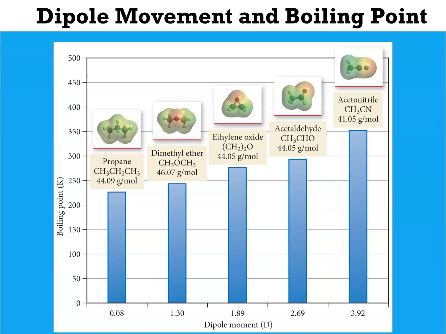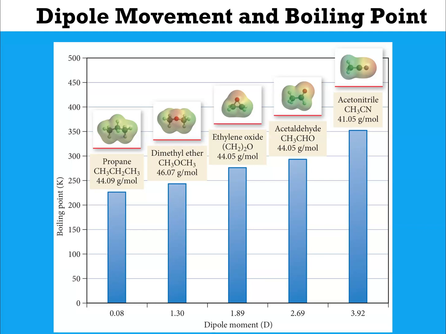Again, looking at dipole moments and how they affect boiling point, taking these molecules going from propane, which is nonpolar, dimethyl ether is polar, ethylene oxide polar, acetaldehyde polar, acetonitrile polar.